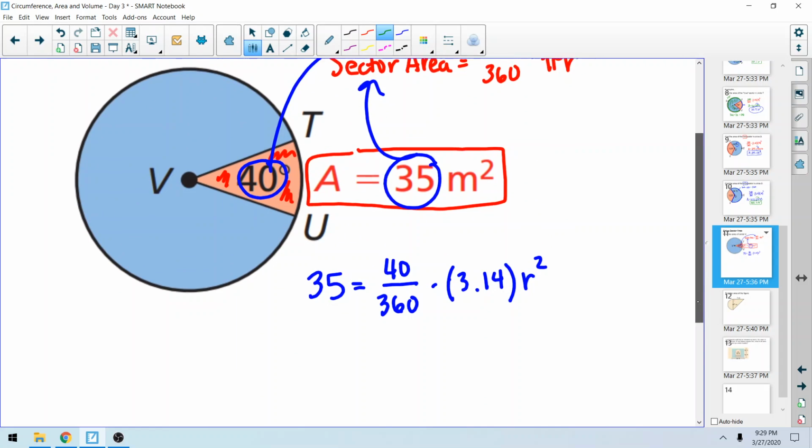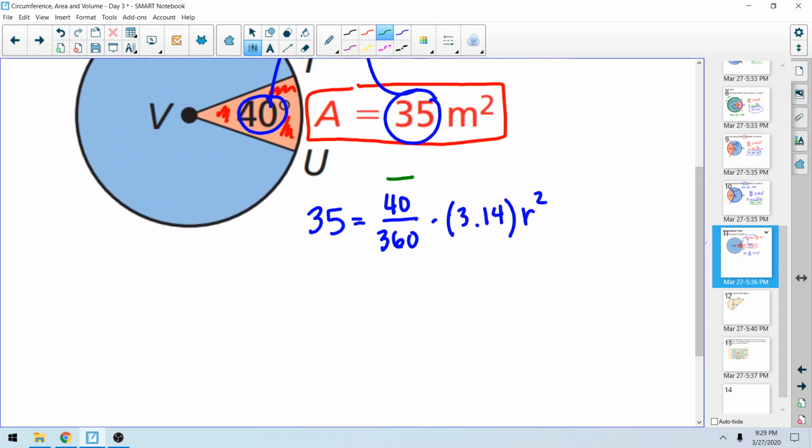This time, the first thing I'm going to do is try to simplify this. So we're going to grab our calculators. 40 divided by 360, I'm going to hit enter, and then multiply that by 3.14.